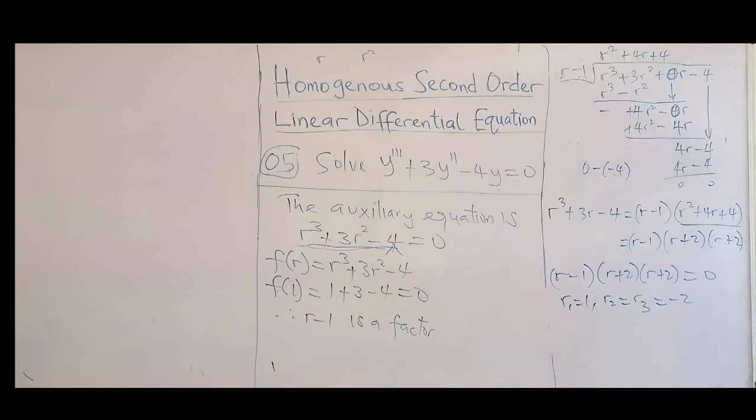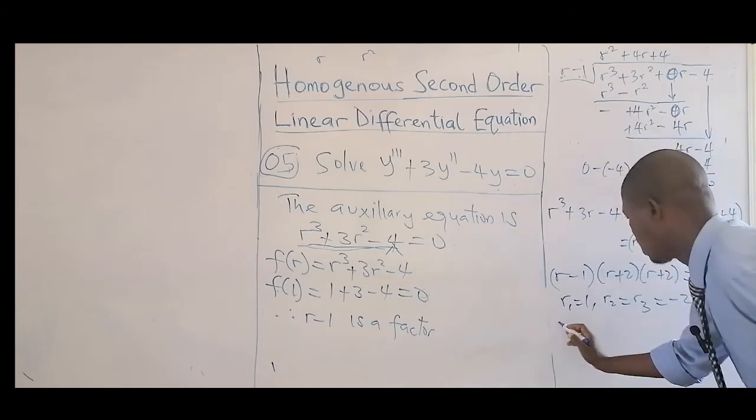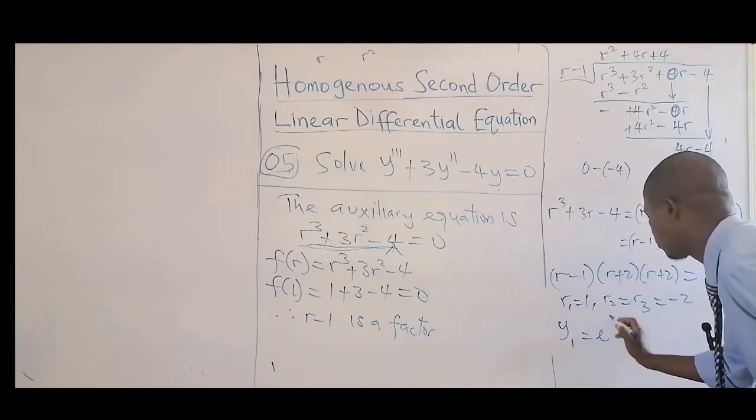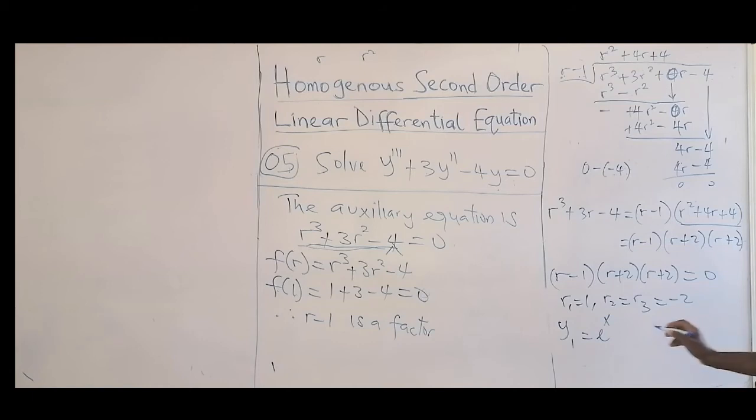So the solution for this equation will be y1 equal to e^x, y2 is equal to e^(-2x), and then y3 is equal to x e^(-2x).